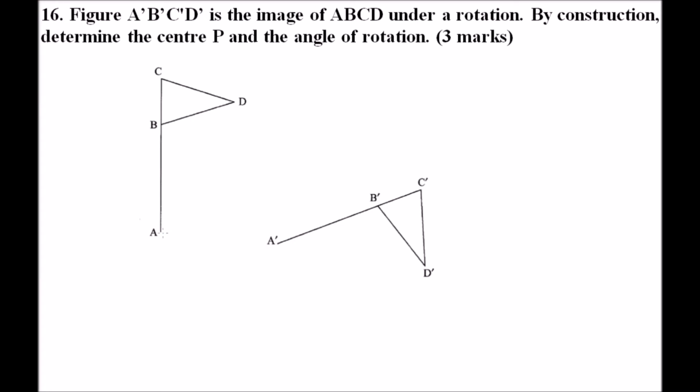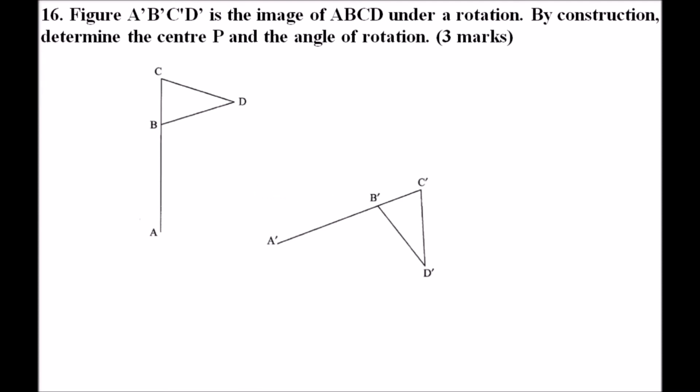For example, I'm going to join A and A prime. Then I join B and B prime. I'll bisect A A prime and also bisect B B prime. Where the 2 lines meet, that is the center of rotation.